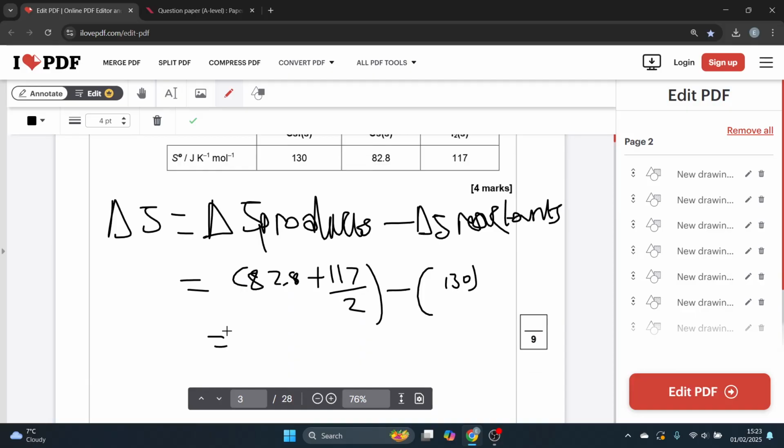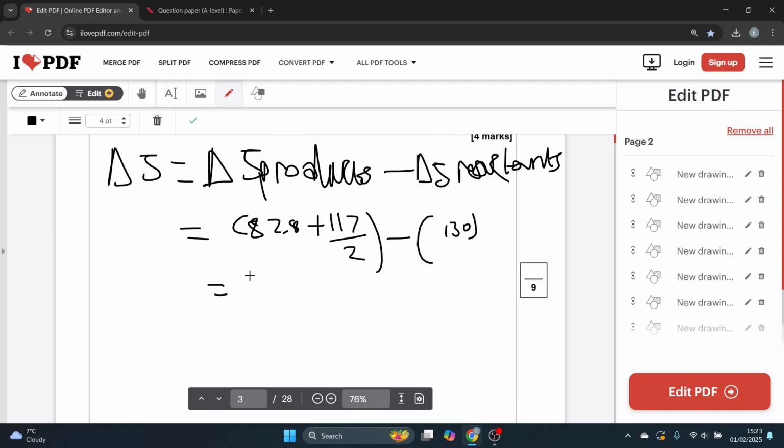That will give me 82.8 plus 117 divided by 2 minus 130, which is 11.3. Remember, delta S is measured in J K to the power minus 1 mol to the power minus 1.